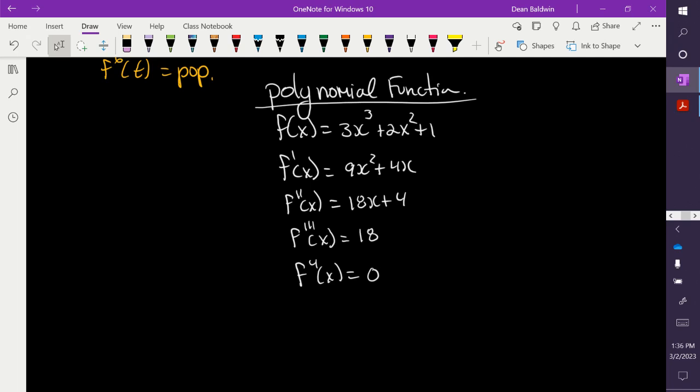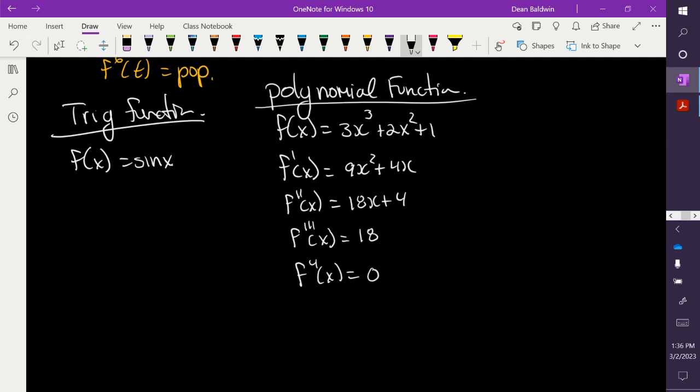Okay, now that's for polynomial functions. If you're doing a trig function, we'll do sine. F of x is equal to sine x. What's f prime? It's f double prime.